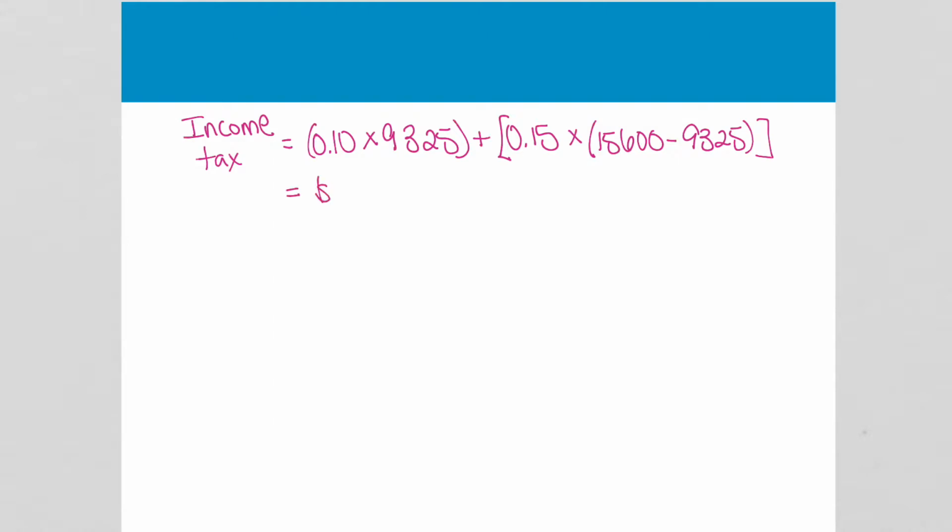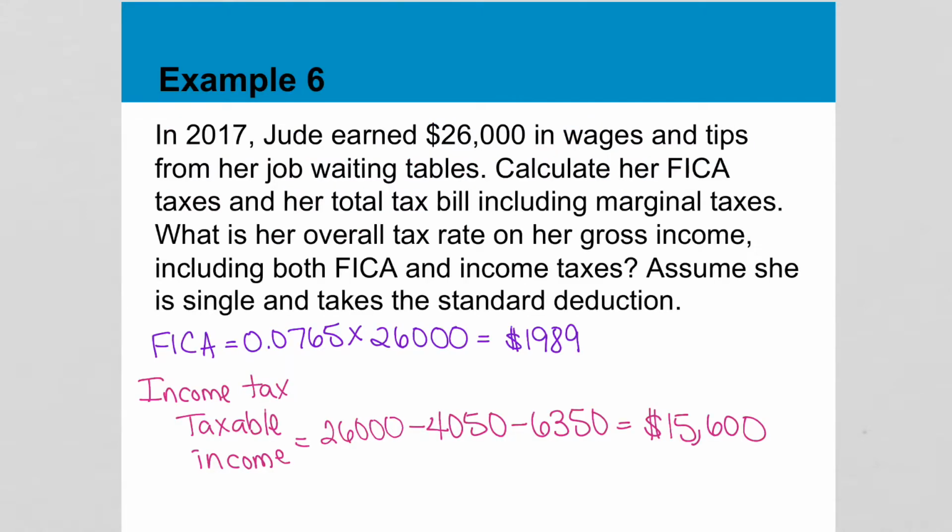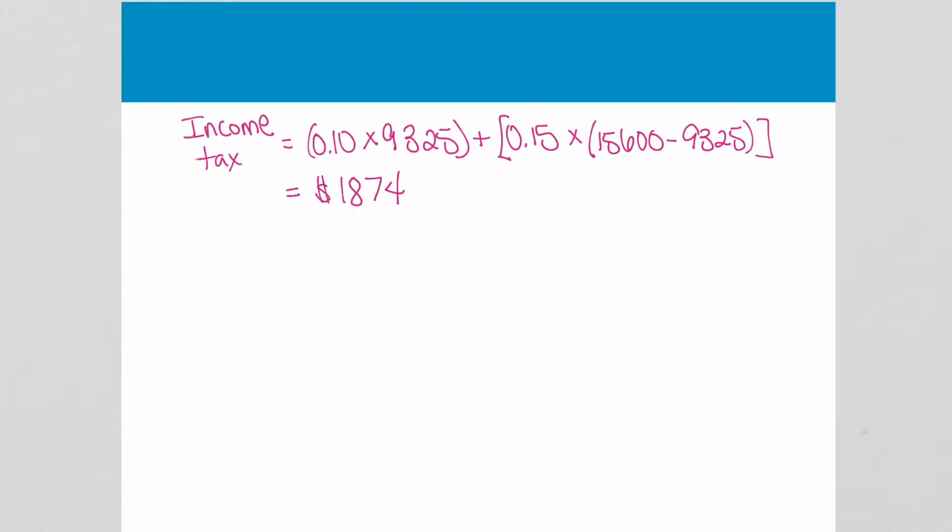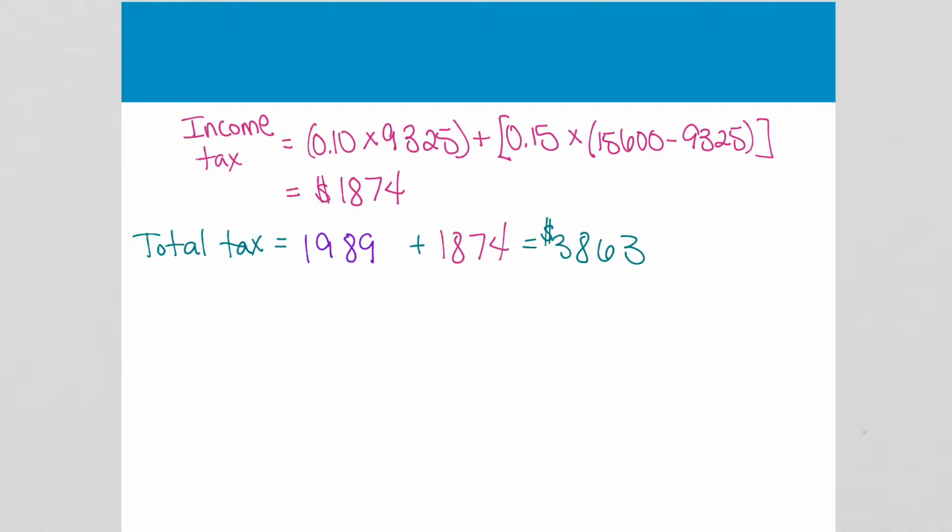So that part of her income tax is $1,874. Therefore, her total tax is the FICA, $1,989, plus the income tax, $1,874. The total she pays is $3,863.